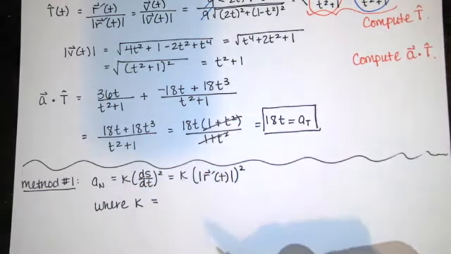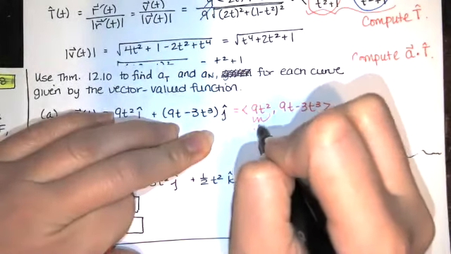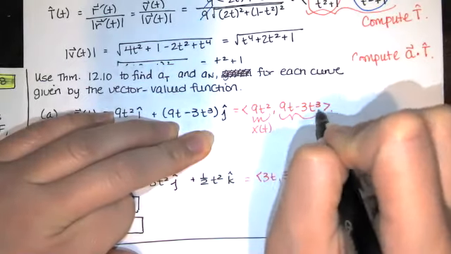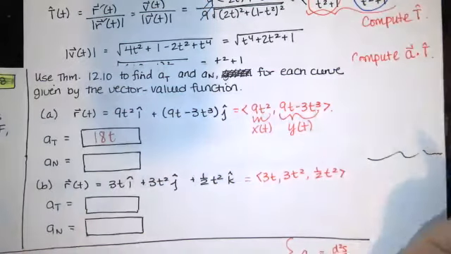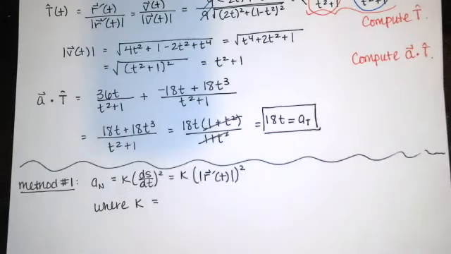Now, since we're dealing with a plane curve with components x of t and y of t, it might make sense to use the curvature formula that involves x of t and y of t. And that curvature formula is this.